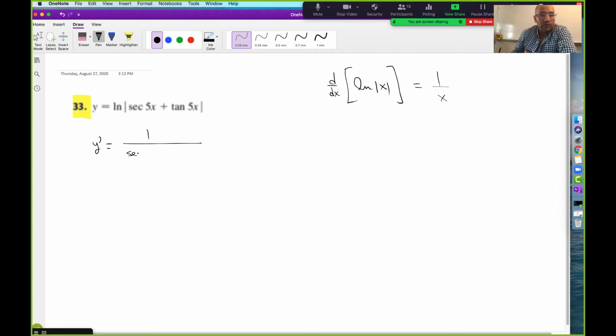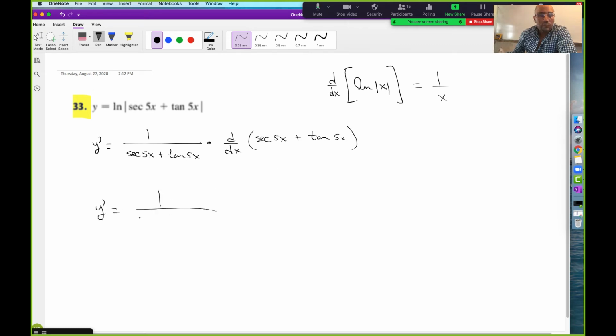So this will be secant 5x plus tangent 5x times, because of the chain rule, since it wasn't a simple x here, it was a function, so now we have to multiply it times the derivative with respect to x of that function, secant 5x plus tangent 5x. Good. Now, we leave this alone.